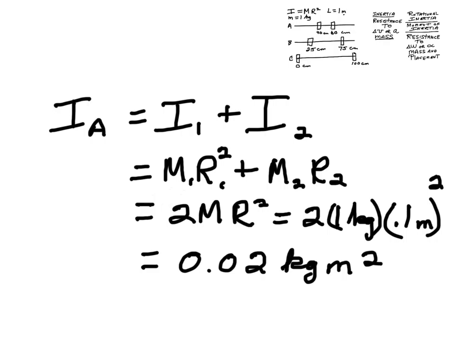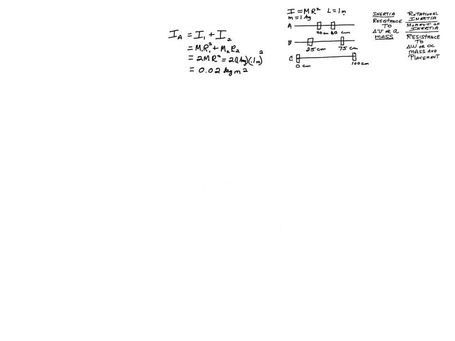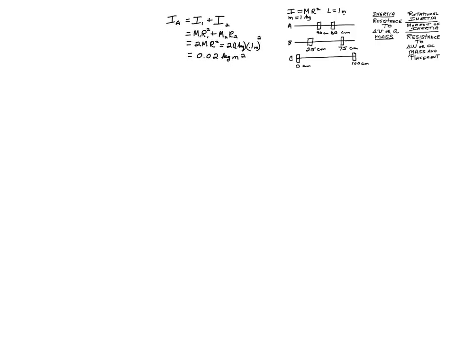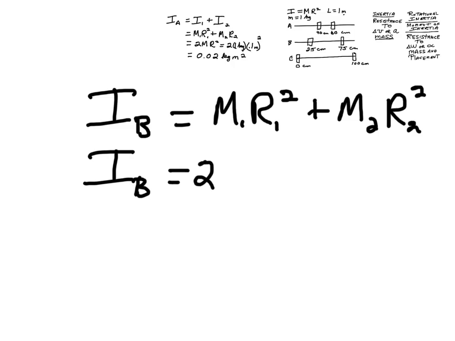Okay, now if we want to do the next one, we can put this one away, and we're going to do the same thing again, only the numbers will be different. In this case, IB will be equal to the same thing, M1 R1 squared plus M2 R2 squared, but since they're the same, we can skip ahead, say IB equals 2 MR squared.